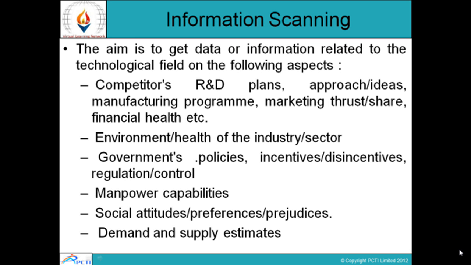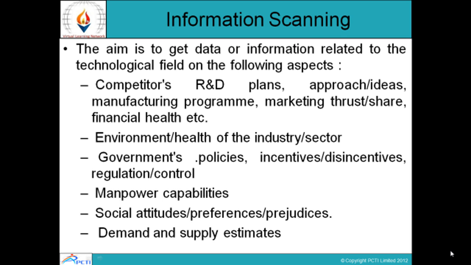Now, information scanning. This is the first stage. How are we going to scan the information? The main aim is to get the data and information related to the technology field, to understand what information and data we require. So we can do comparative competitors' research and development plans, technology or manufacturing programs, or marketing share.